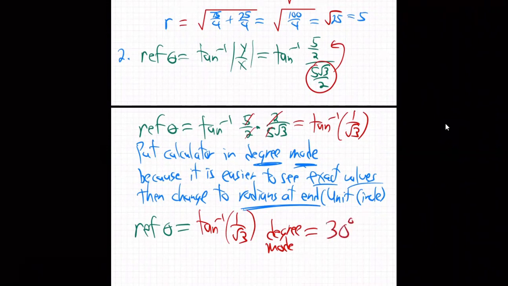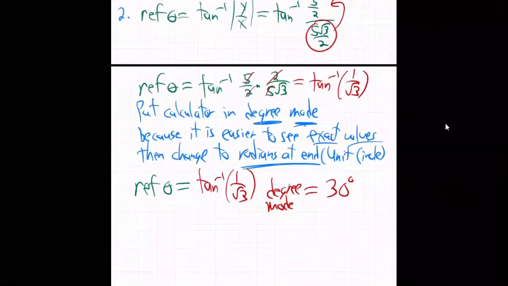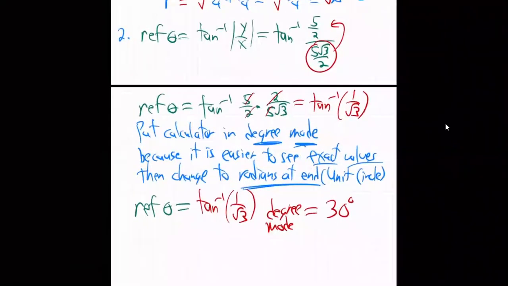If I did that in radians, I would get 0.5 and so on, and I probably wouldn't recognize that it's really pi over 6. Most people don't. So get this degree, and we can easily change it using the unit circle to an exact radian answer. We can't give the decimal, so that's why we changed to degrees.